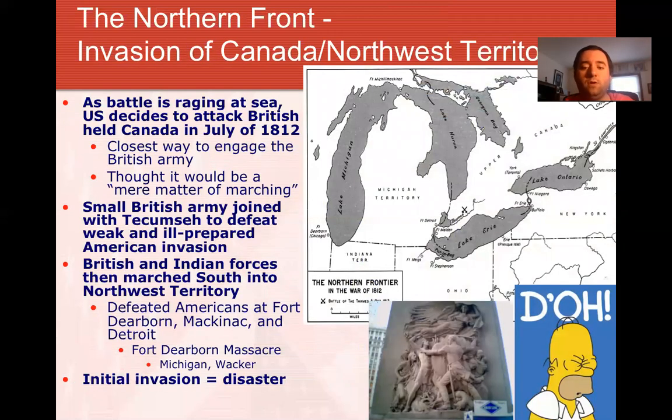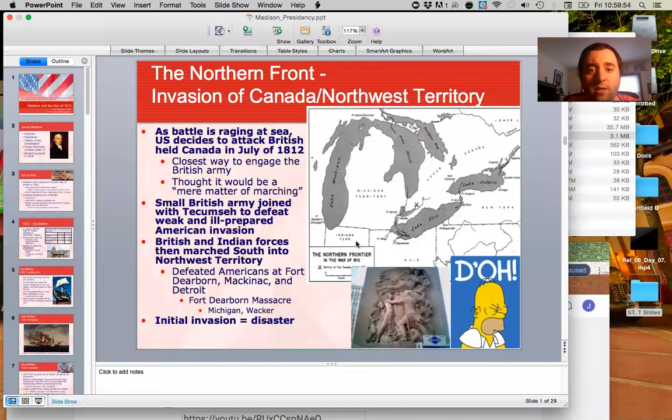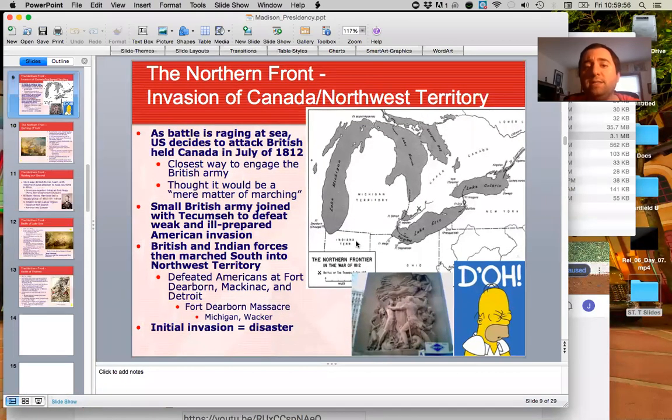So, what I would like to do is I'm going to minimize this so you can see it. The Northern Front, it's the invasion of Canada/Northwest Territory. So I'd like you to write on the left-hand side, what was the Northern Front?